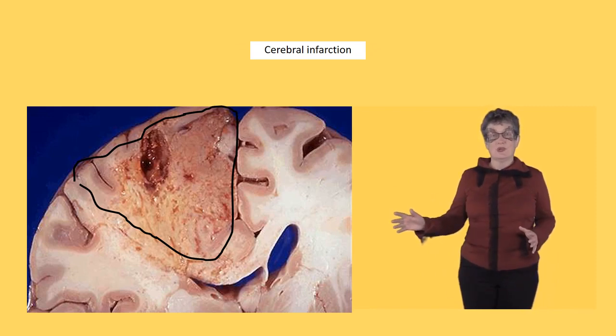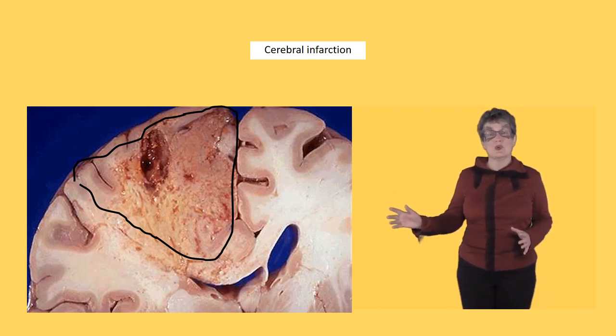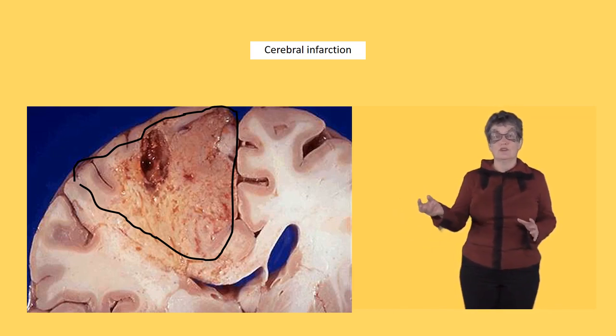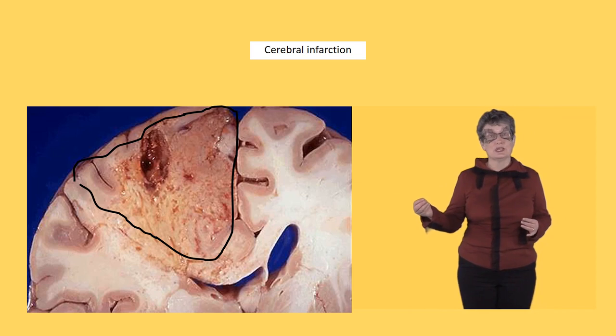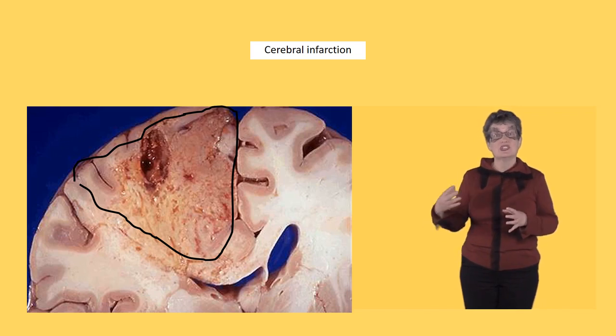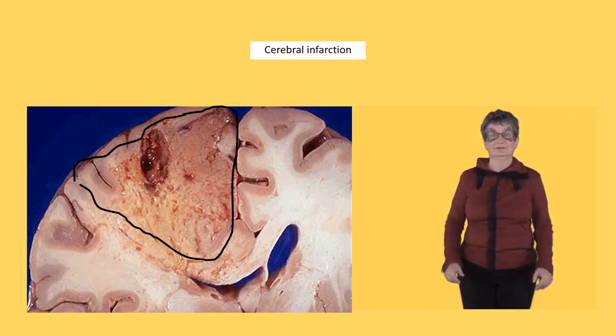Here the atherosclerosis has caused an ischemic stroke, so maybe an embolism from atherosclerosis has broken off, or maybe a bit of atherosclerosis in the cerebral vessel has had its plaque rupture and a thrombus form, just like in the heart.